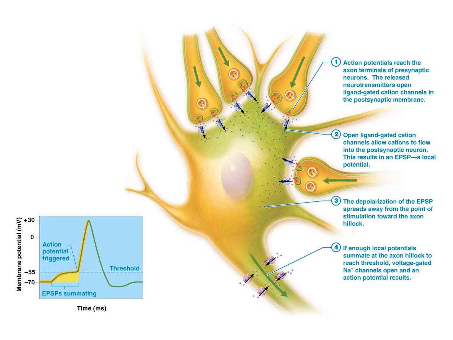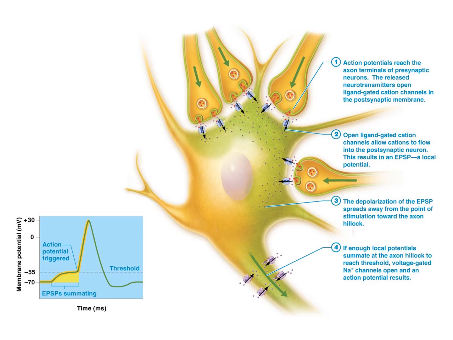The same thing occurs that we have discussed. Action potentials reach the axon terminals of the presynaptic neurons. The released neurotransmitters open ligand-gated cation channels in the postsynaptic membrane. Once the ligand-gated channel allows cations to flow into the postsynaptic neuron, this results in an EPSP. The depolarization of the EPSP spreads away from the point of stimulation, because it's a local potential, towards the axon hillock.